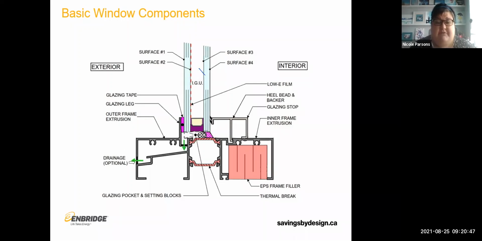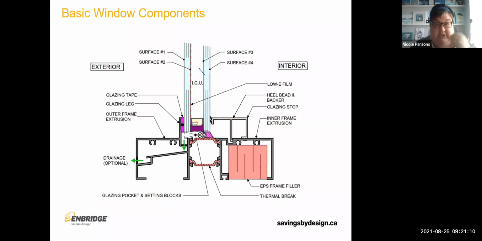But so we have the frame here at the bottom. In this case, this is an aluminum, a metal frame, because it's separated here by a thermal break. If it was a vinyl frame, for example, in a house, it would look very similar, but it wouldn't have this separation. It would all be made of vinyl.